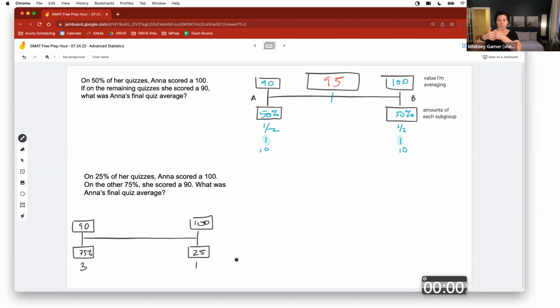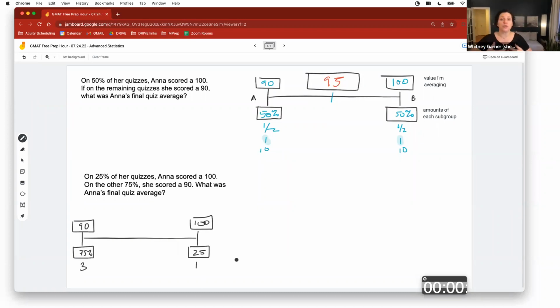So I'm in a 3-to-1 ratio, which means I'm going to be pulling my average to the left towards 90. So I won't be in the middle anymore. I'm going to pull left. Now, on the test, that might actually be enough. I'm going to look at my answer choices, and if that gets me down to a single answer choice, that it has to be somewhere between 90 and 95, I'm going to pick the answer and move on. Okay? But I know that it'll be to the left of the midpoint.